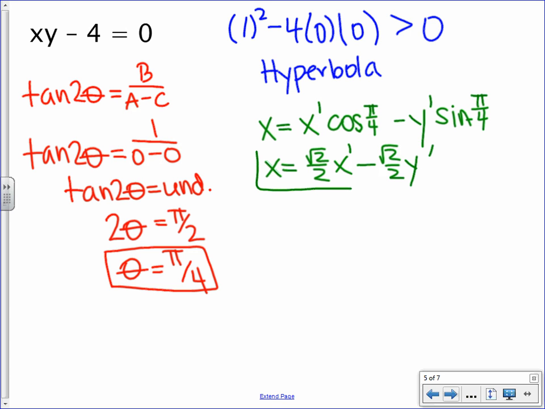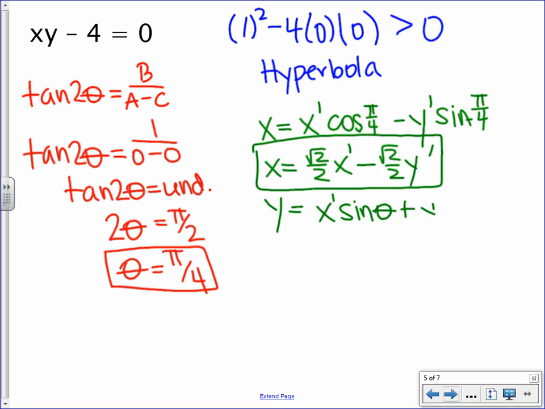I'm going to highlight this because we're going to have to come back to it. And then y. We redefine y to be x prime sine theta plus y prime cosine theta. So we're going to plug in pi over 4 since that is our angle of rotation.